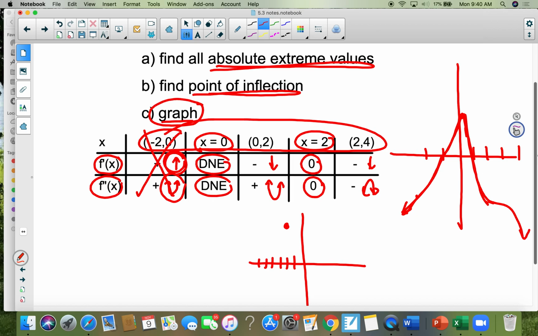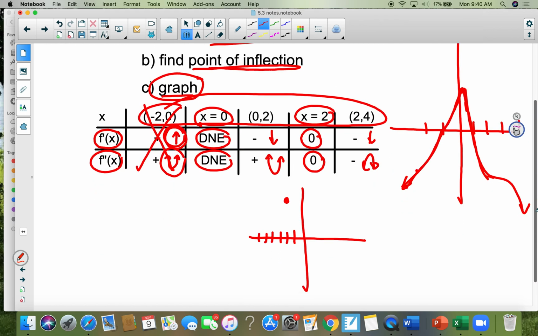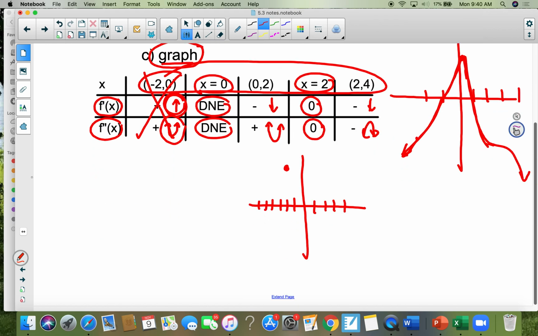And at 4, it ends with a 1. So that kind of lets you know how to place it. So it increases to 0, and then it goes like this and like that. So I just have to place it up on my graph a little bit higher. So, okay, these are all the notes for 5.3.